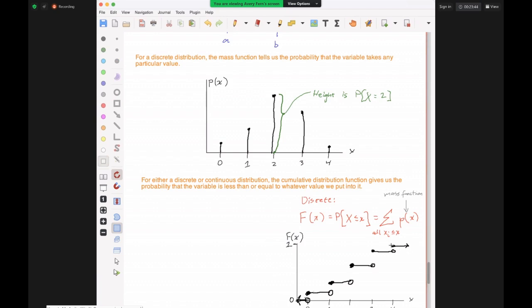For any CDF, the limit as we're going to infinity is going to be 1. The limit as we're going to negative infinity is going to be 0. If we look at, for this particular distribution, anything that's greater than 4, the probability that x is less than or equal to 4 is 1, because our only possibilities are 0, 1, 2. Does that make sense? Okay.